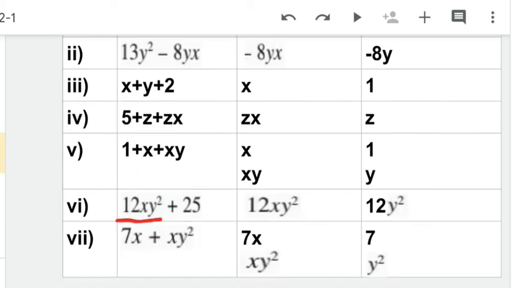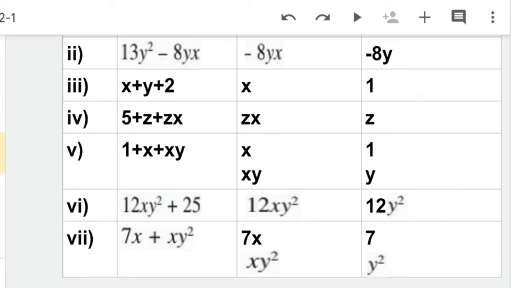In the next part, we have 12xy square and the coefficient of x is 12y square. And in the last part, we have two terms in which we have x. One is 7x and the second is xy square. The coefficient of x in 7x is 7 and the coefficient of x in xy square is y square.